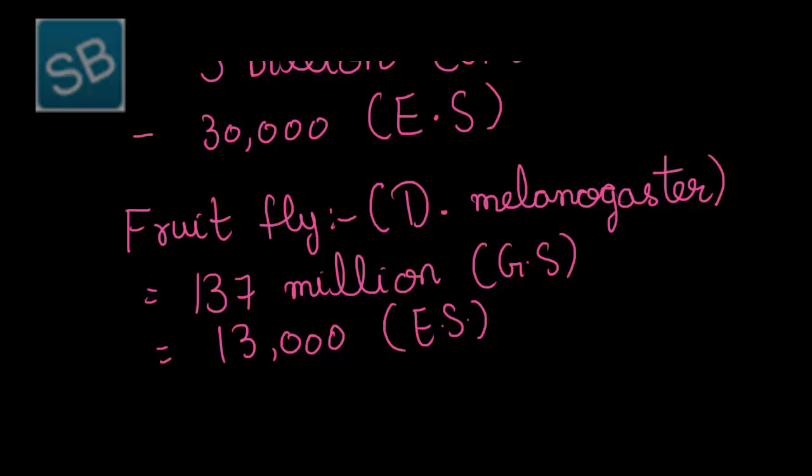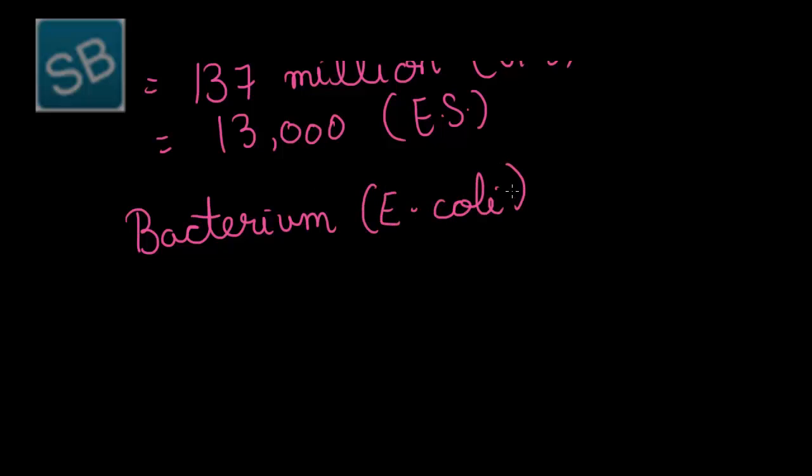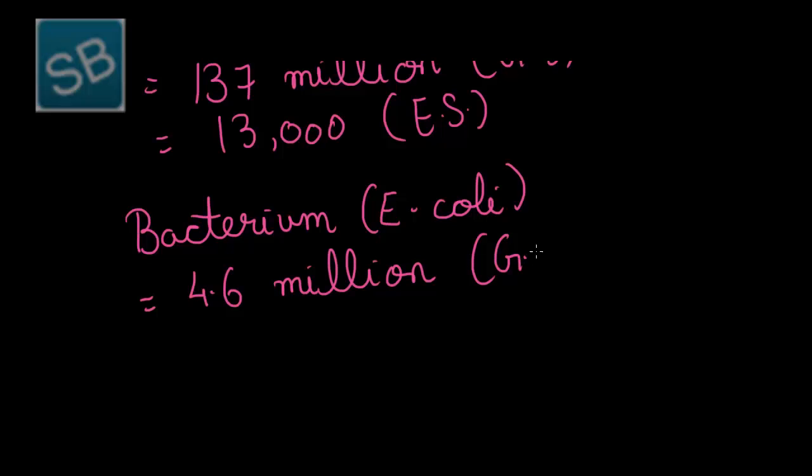The third organism that was studied was bacterium, with scientific name E. coli. In it, the genome size was about 4.6 million, and the estimated number of genes was 3,200.